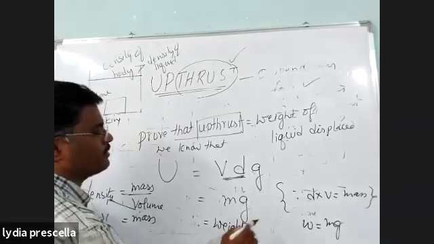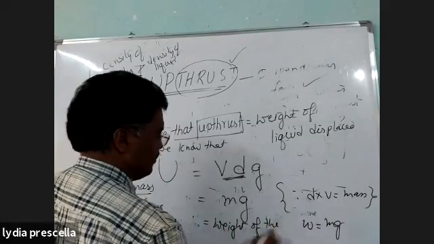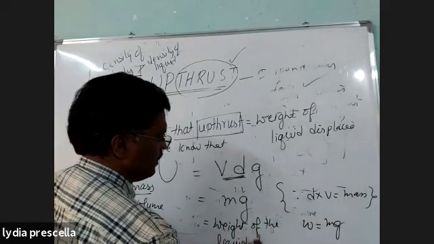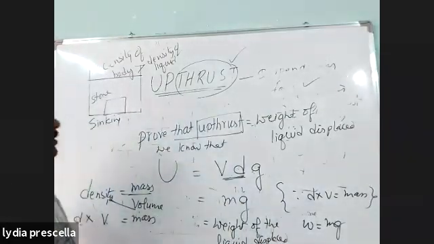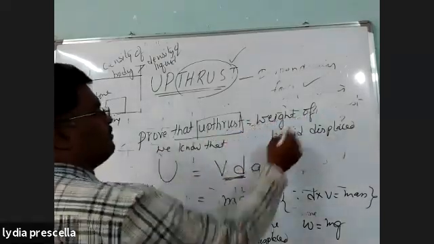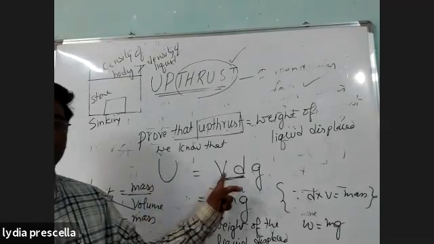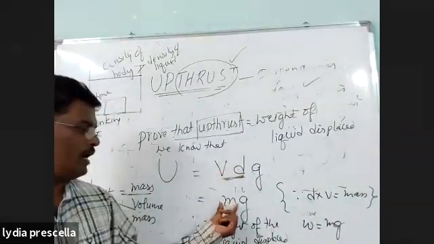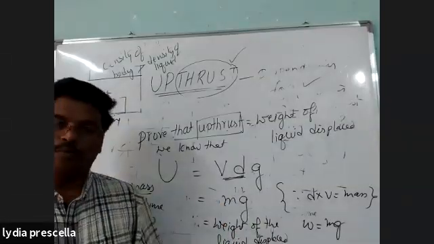But what weight? Weight of the liquid displaced. So to prove that upthrust is equal to weight of liquid displaced, you have to do that. Upthrust is equal to VDg, and Vd is m, and mg is weight. Like that you have to prove.